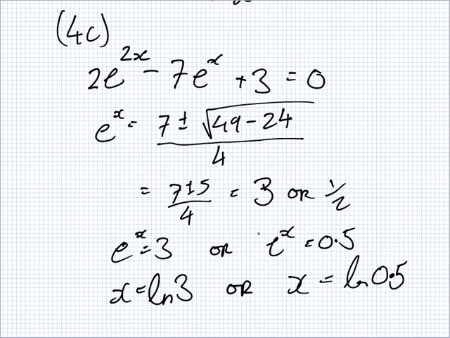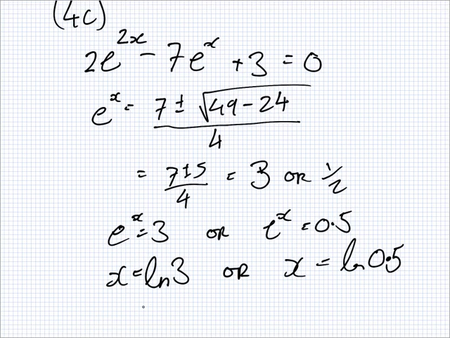But whatever you get in the calculator, of course. You have the first one, what is it? 1.09. Yeah, and the second one? Minus 0.69. Didn't actually have to use the quadratic formula, but oh well.